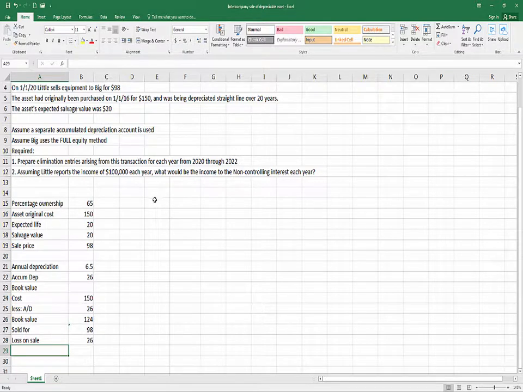Okay, so what do we have to do in 2020, the year of sale? Basically, we need to eliminate the loss on sale, and we have to restore the asset to make it look as though it had not been sold. So first, a loss on sale. Loss on sale is a debit, so to eliminate that, we're going to credit loss on sale.